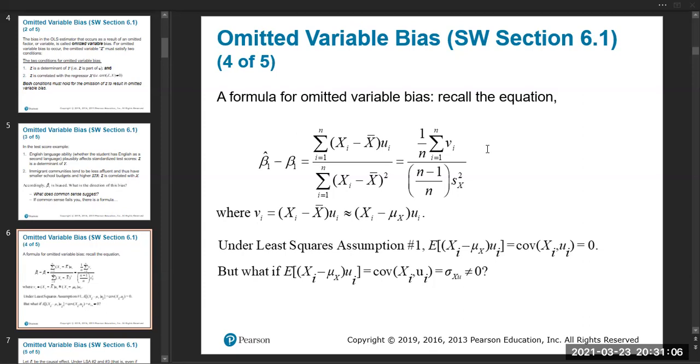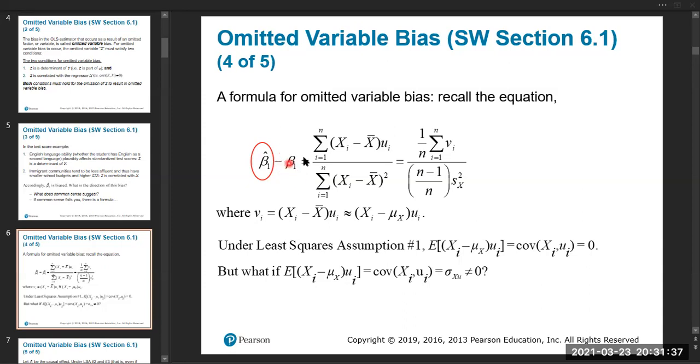Here is a formula for omitted variable bias. Beta 1 hat is our estimator. Our estimator is unbiased if all the assumptions hold, but with omitted variable bias, one assumption doesn't hold, so our estimator is not unbiased. Our estimator minus the population parameter, which is beta 1.